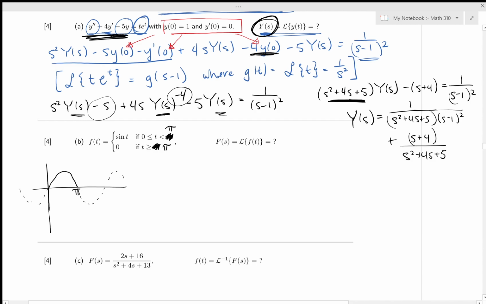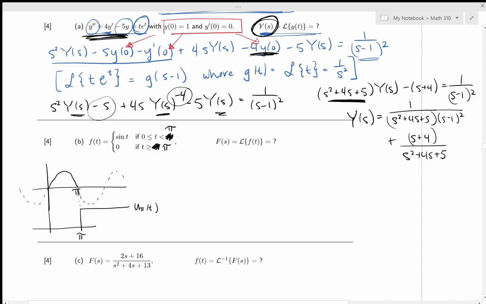So what I need to do is take a look at what have a step function happening here. Let's think here for a sec. It's sine up to there, and then something is going to change here, and this is pi, and this function here is u pi of t.